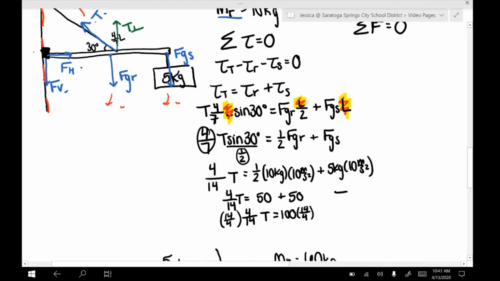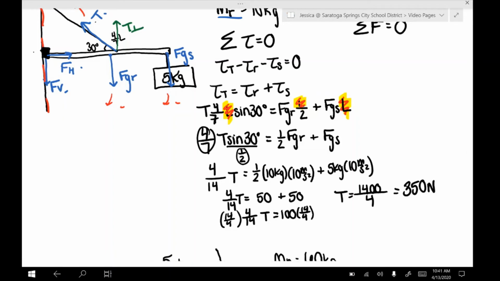Okay, so the tension is 1400 over 4, which hopefully is divisible by 4. Oh, it is divisible by 4. How exciting. It's 350 newtons. That's big tension, but that's okay.